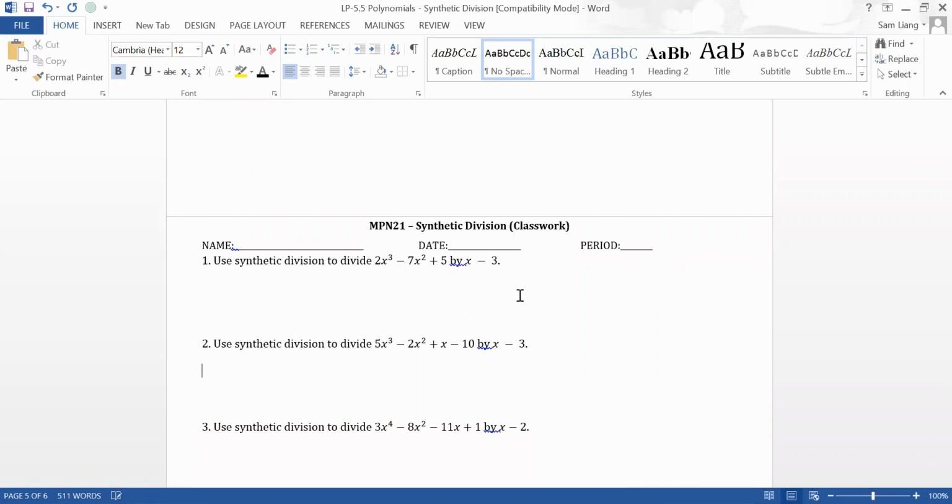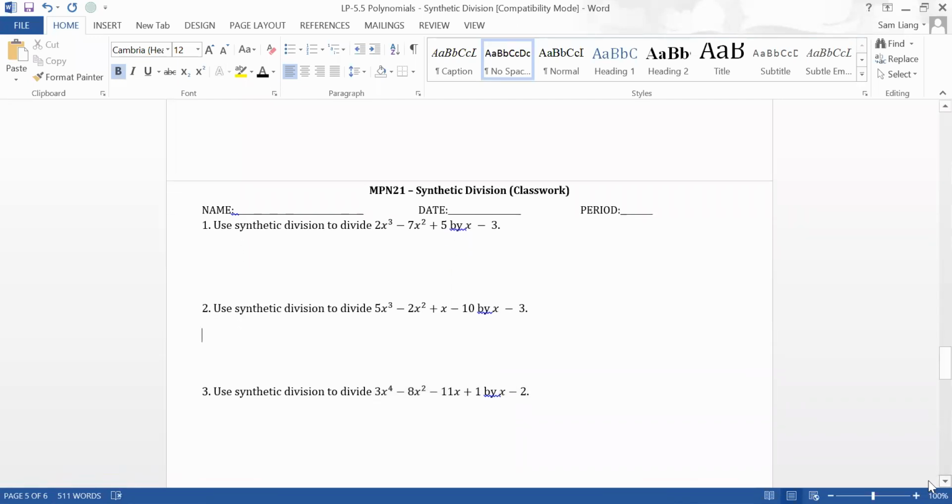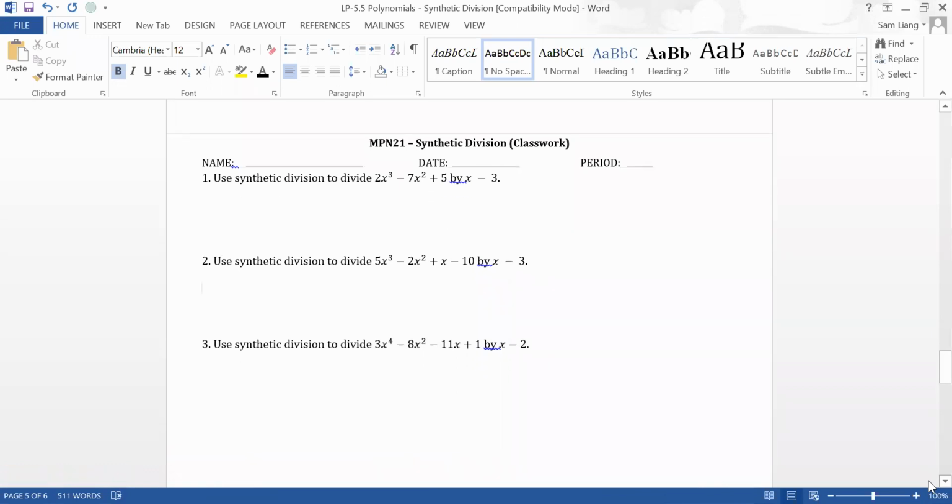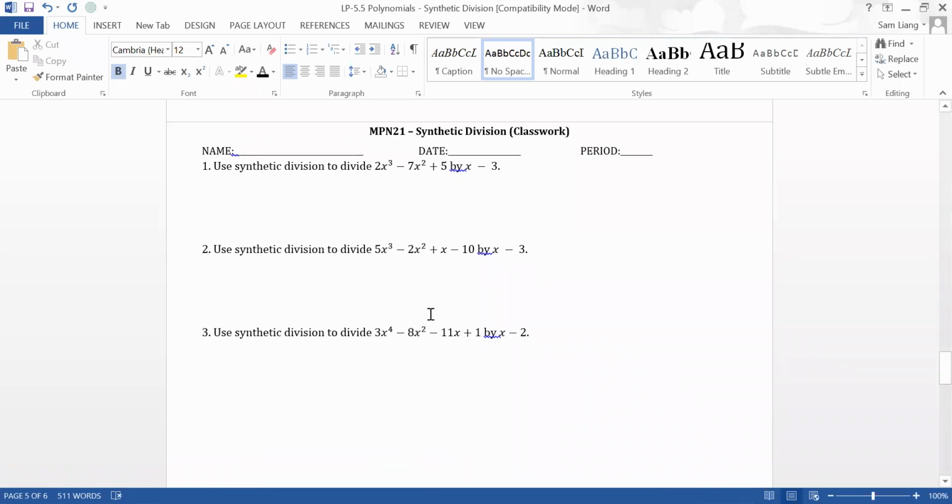And then next is another polynomial, divide that by x minus 3. And then lastly, you have 3x to the fourth minus 8x squared minus 11x plus 1. Divide that by x minus 2. Take say like 2 minutes, so you can solve 1 or 2 questions, and then we'll discuss.